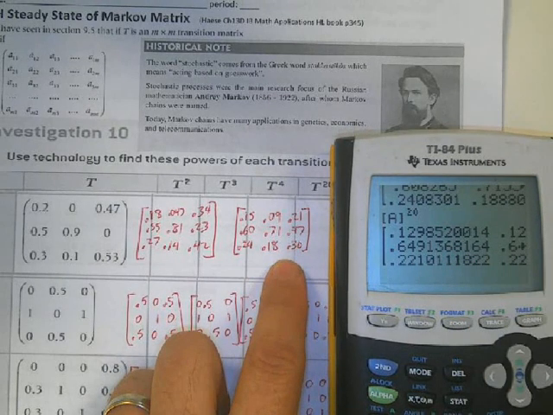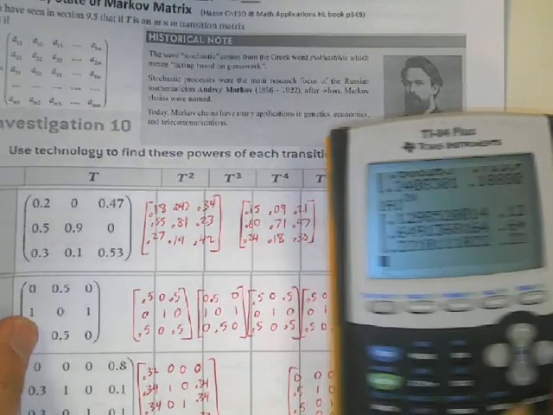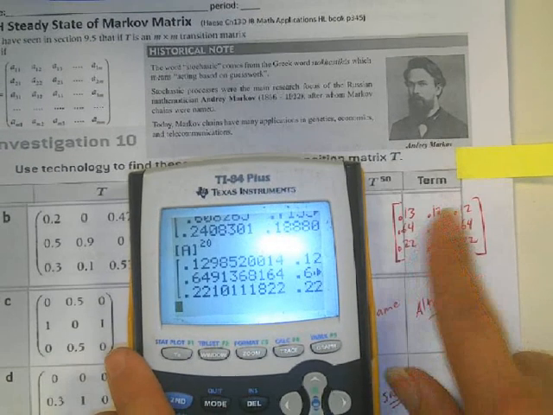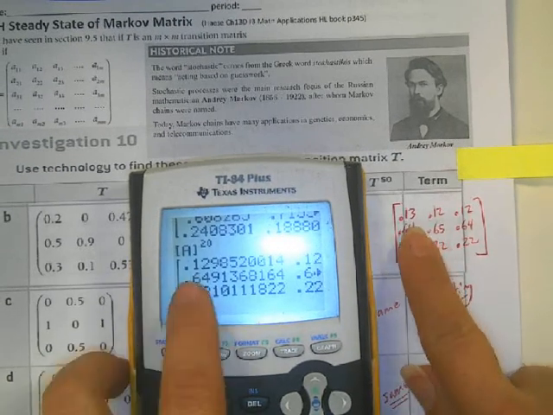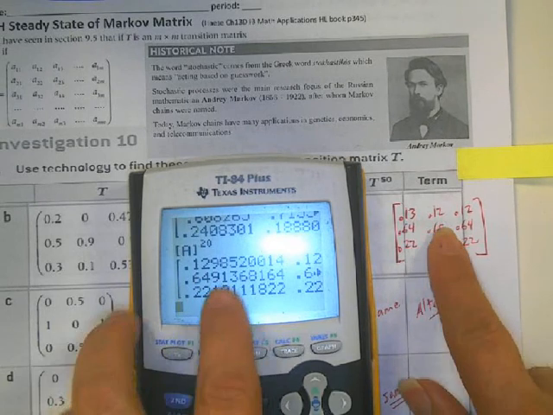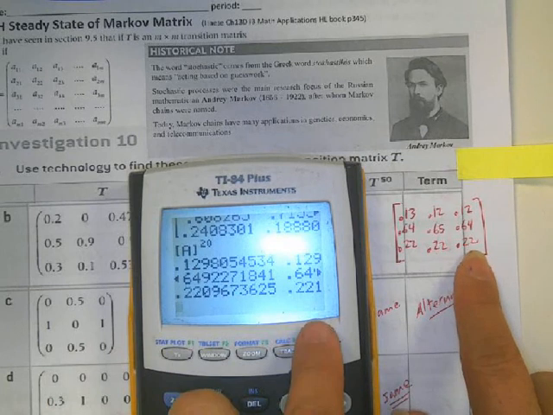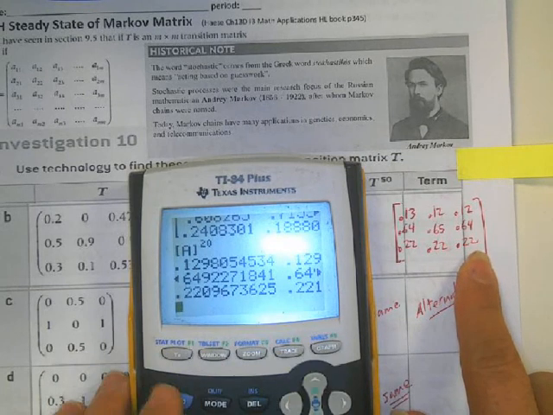Now notice, this is if I do it to the 50th power that I've written down here in red. And notice these values are getting closer and closer to this value here.